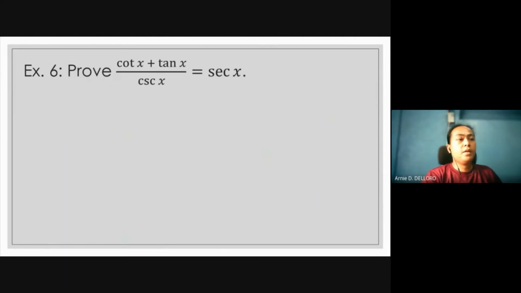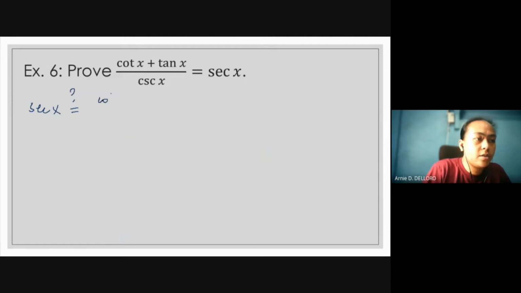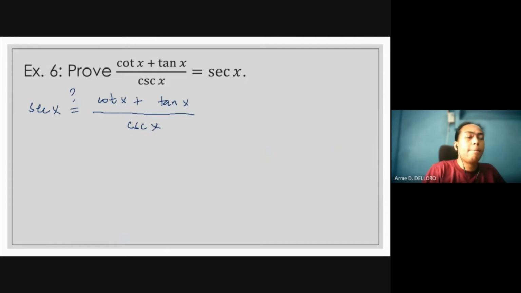We have prove that cotangent x plus tangent x all over cosecant x is equal to secant x. Okay? So, mas simple ulit yung nasa left side. So, secant x, dito na alam kung equal talaga sila. So, we have cotangent x plus tangent x all over cosecant x. Okay?